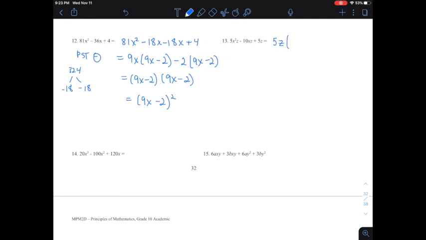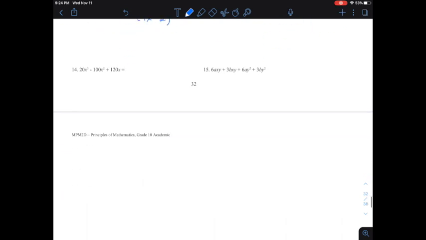All right, for this one, we can factor out 5z. And we need two numbers here that multiply to 1 and add to negative 2. All right.